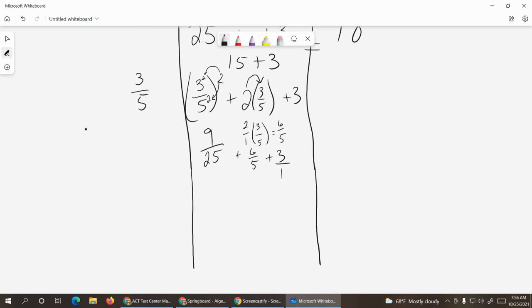Yeah, right? So 5 times 5 is 25. So that's 9/25, plus 5 times 6/5. And then what number must I multiply 1 by to give me 25? 25. So that'd be plus 25 times 3/1, which is just 3. Okay?